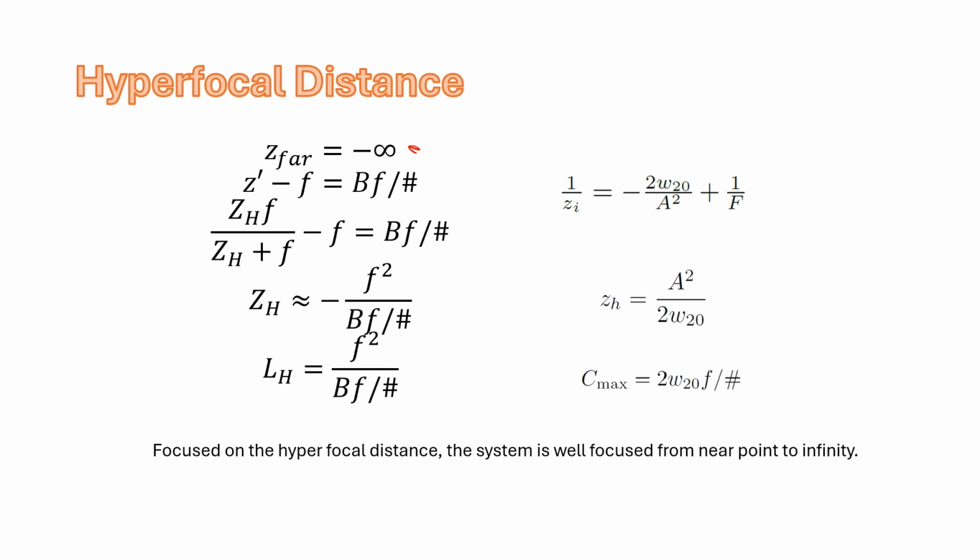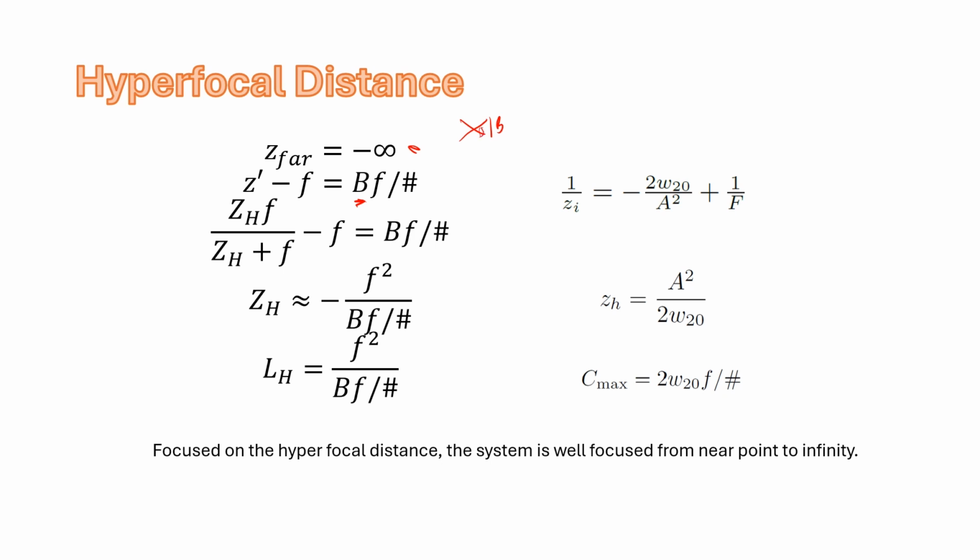It's not equal to f, it's equal to the value that gives us this maximum acceptable blur, because as we come to a focus, we're going to have this blur B, and the size of B is going to be proportional to the defocus error divided by the F number, which would be this angle here.